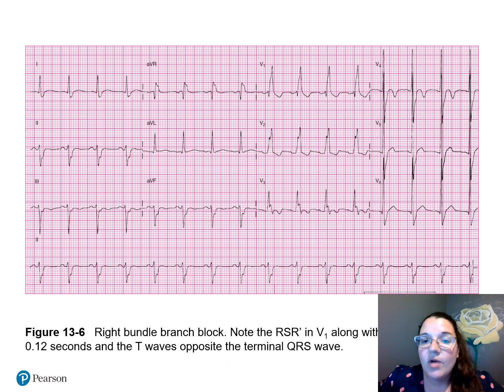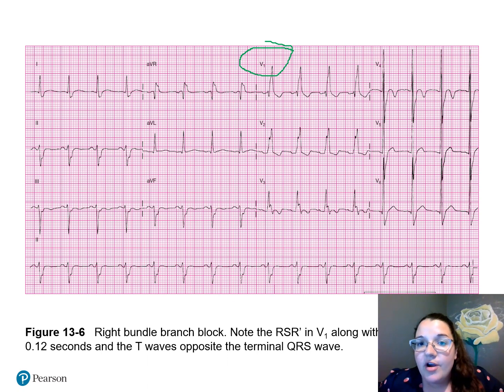So step number 1, I am going to use which lead of my 12 lead? Lead 2. Step number 2, determine the axis quadrant. What leads am I going to use? 1 and AVF. Step number 3, determine if I have a bundle branch block. I'm going to look at V1. What am I looking at? The QRSs.